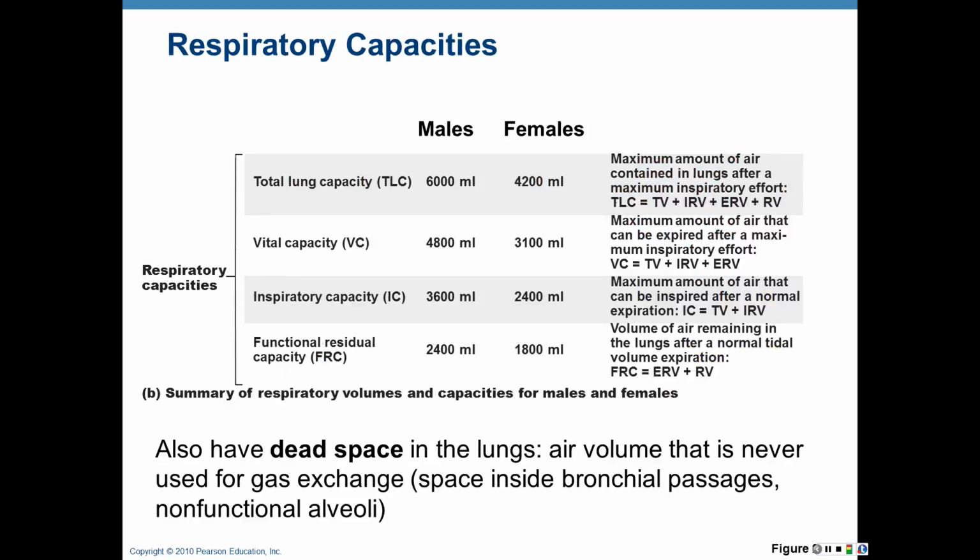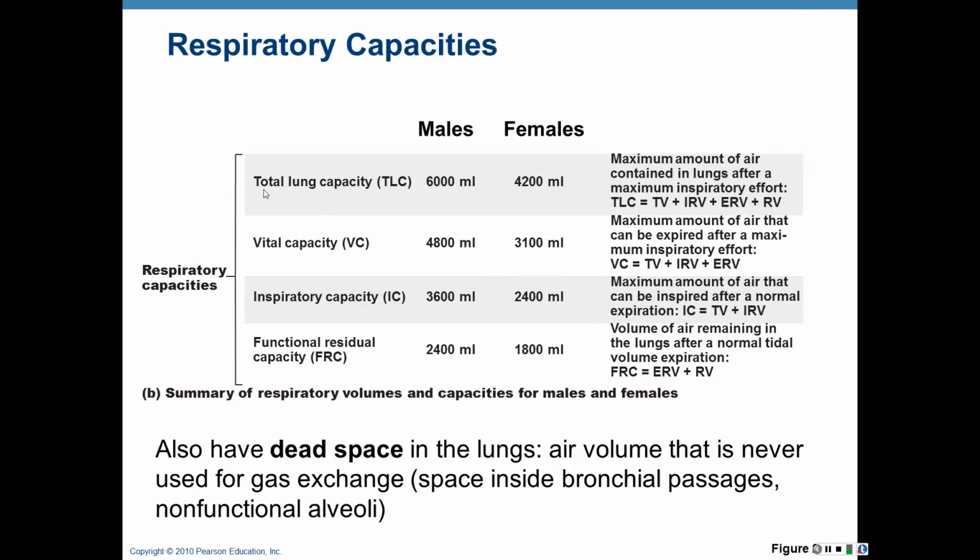Okay, now let's talk about respiratory capacities. So this is not about the amount of air you're inhaling or exhaling. These refer to the amount of air present in your lungs at certain times.